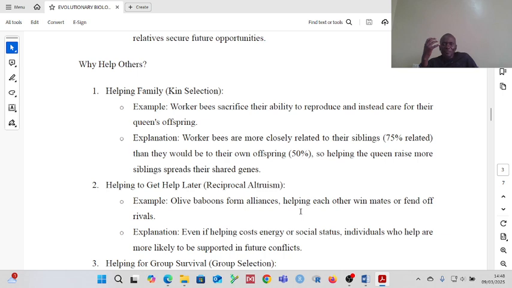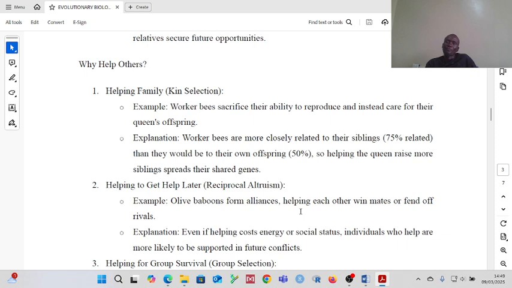So instead now they choose to help take care of the queen's offspring. So by doing that, they are helping to spread their shared genes. Because remember, they share genes with the queen, whose siblings they are helping to take care of.